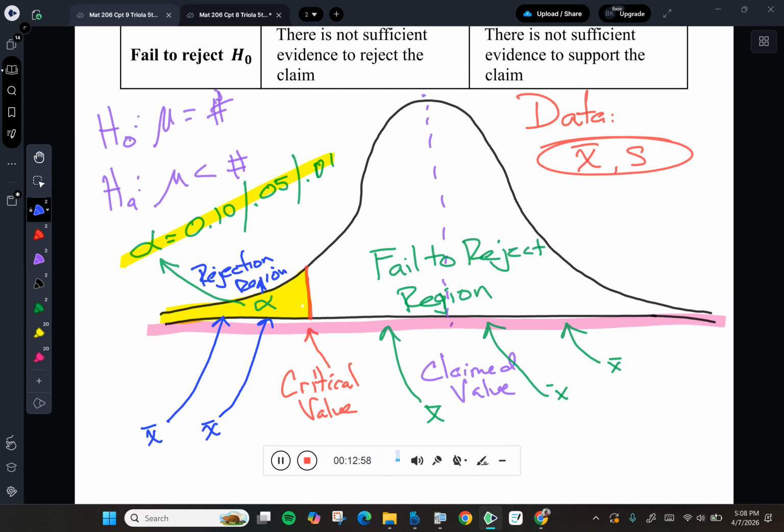We would say that, hey, you said it was this. Our data is over here. Our data is significantly far enough away from your claim that we can say that the data does not support that null hypothesis, that claimed value.